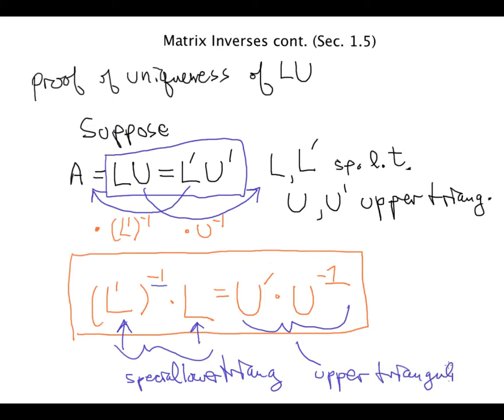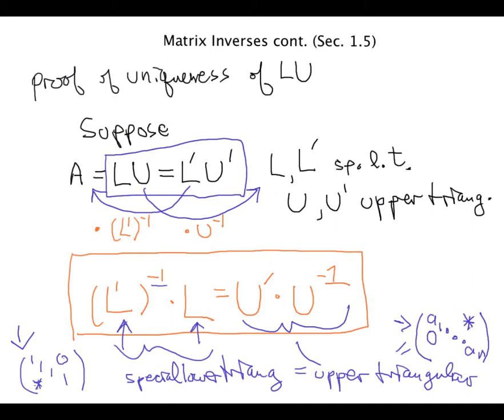Okay, so what do we have? We have two matrices that are equal. One of them is special lower triangular, that is to say, it has ones on the diagonal and looks like this. On the other hand, it's equal to a matrix which looks like this. Well, how can this matrix equal this matrix? The only way is if both of those matrices are 1.